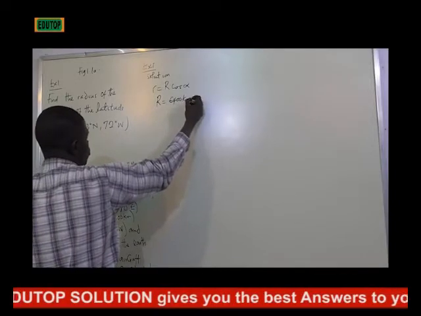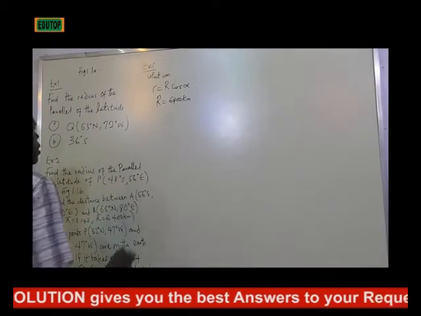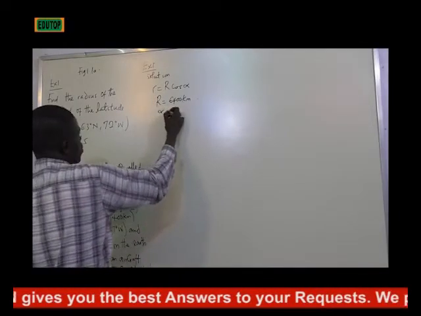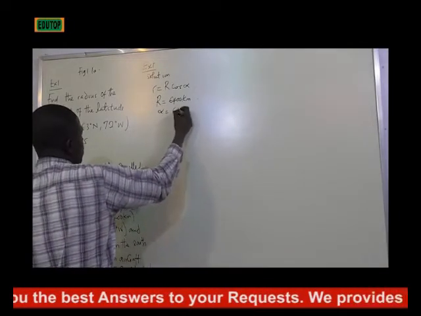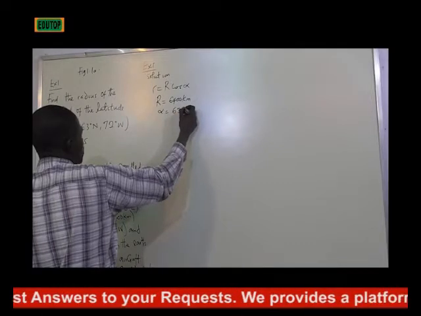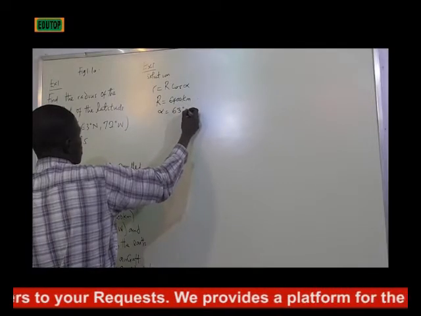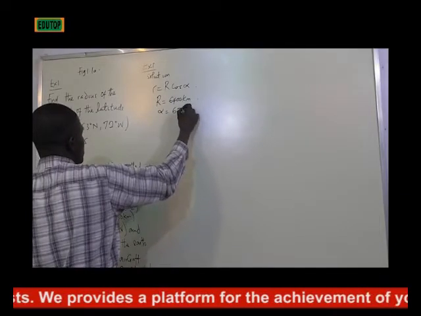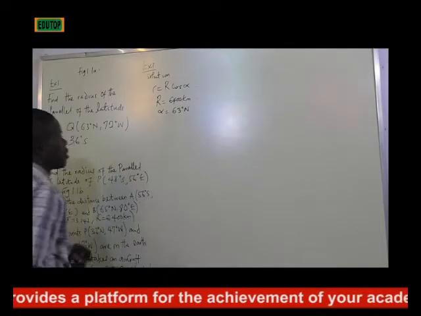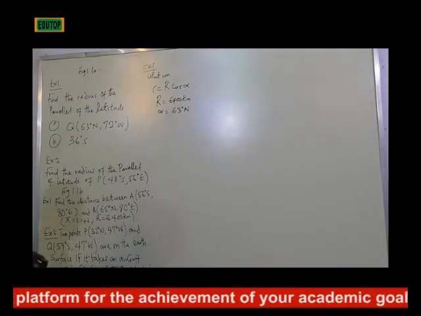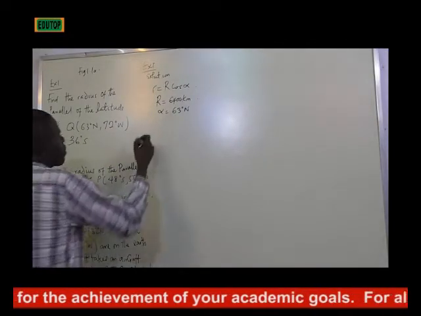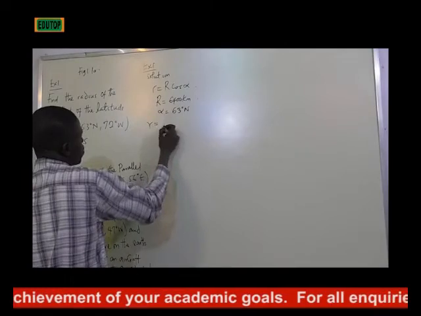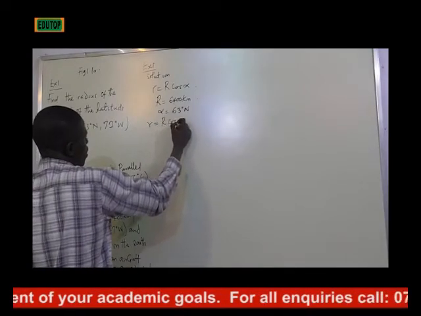It will definitely be given to you because it's a constant. Then your alpha is also known to be 63 degrees north. So here we have r equals R cos alpha.